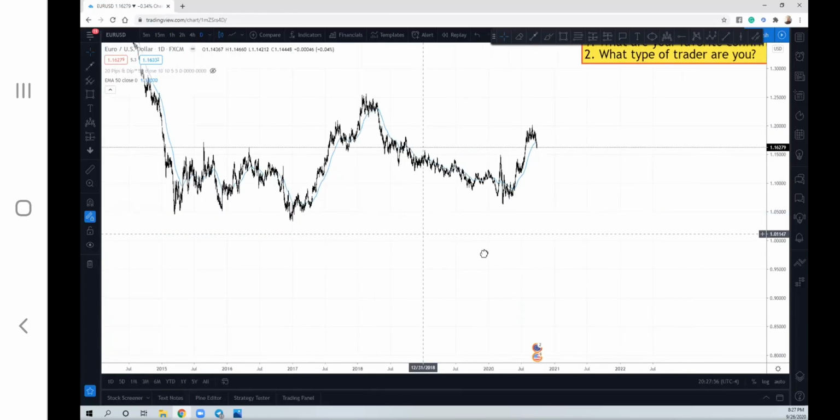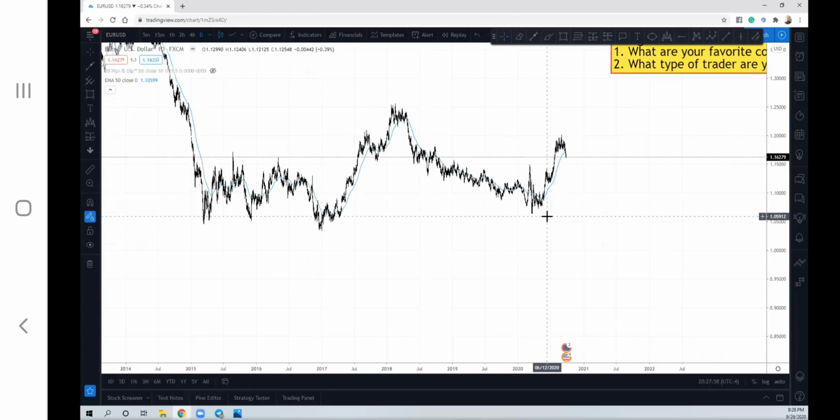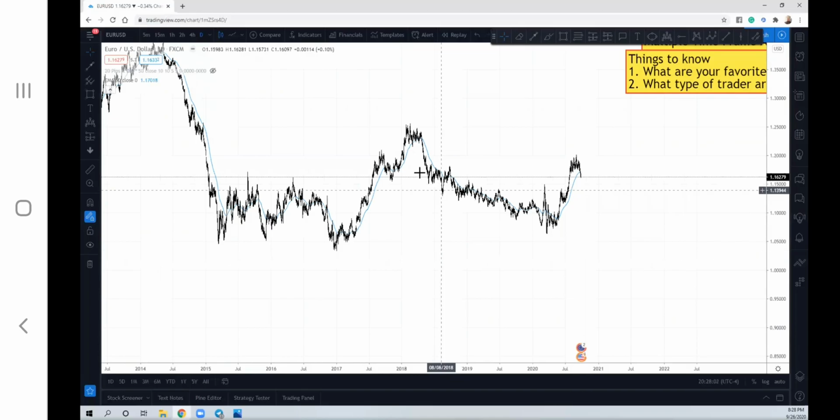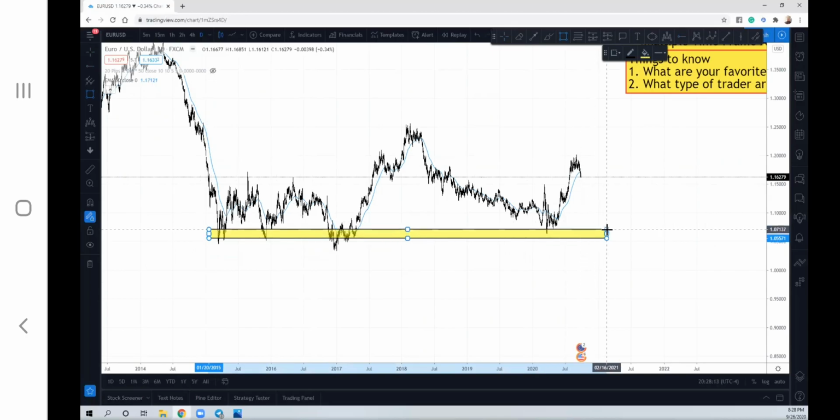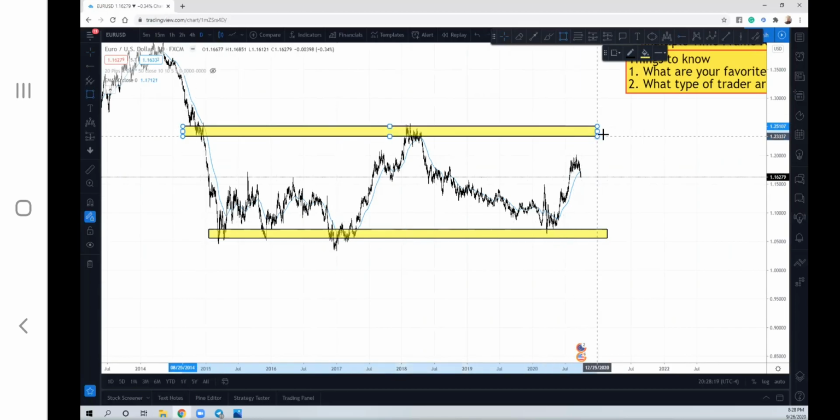So for the daily, I want to see what are my major supports and my major resistance, my ceilings and my floors. So I'm going to take my rectangle and I'm going to mark up my major support and my major resistance. Okay.